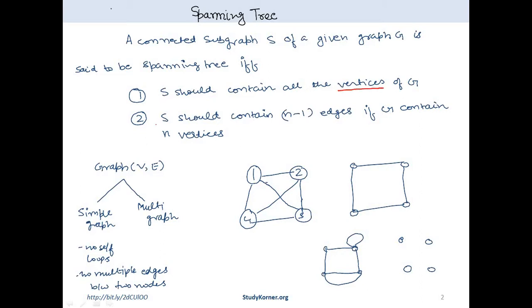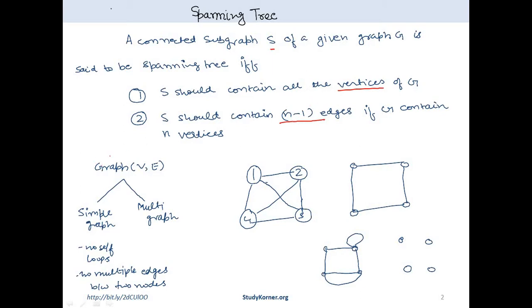This is the first condition, and it should have n minus 1 edges, where G is a given graph which contains n vertices. So a subgraph is a spanning tree S if it contains all the vertices in the graph and it contains n minus 1 edges.